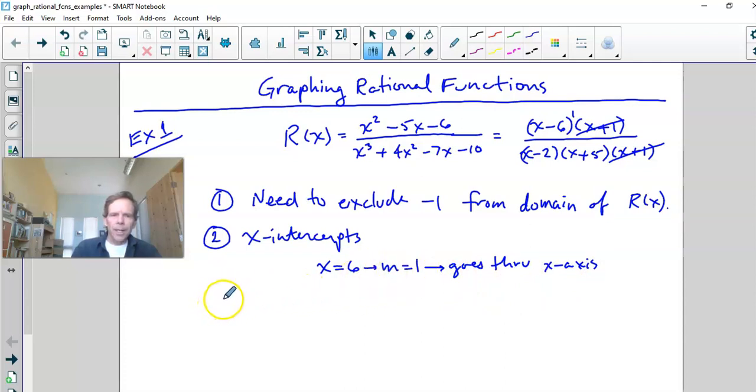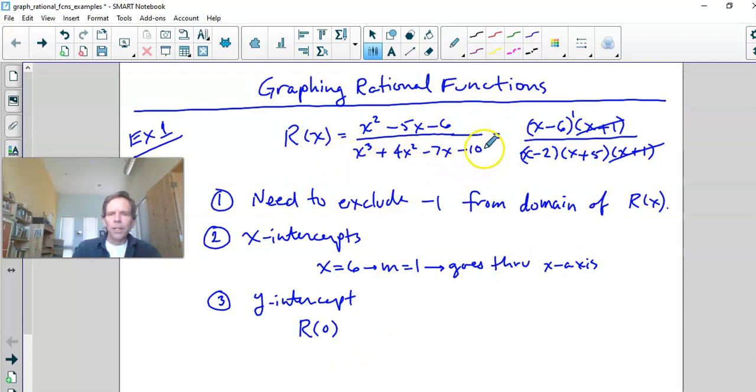All right. 3, the y-intercept. There's only one, if there is one. It occurs at x equals 0. So we need to get our rational function at x equals 0.